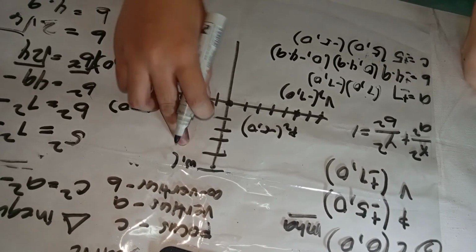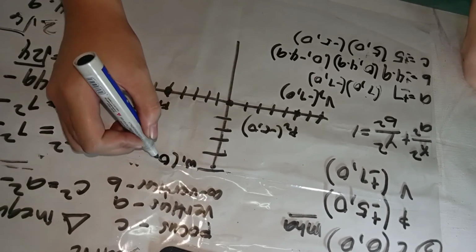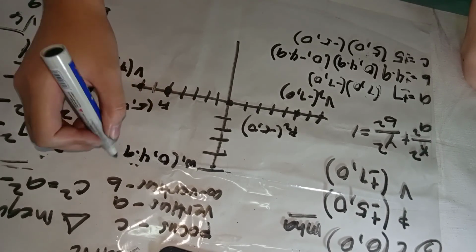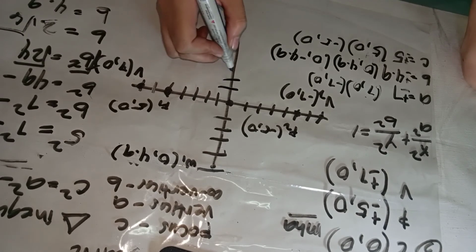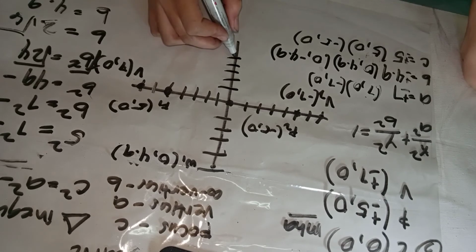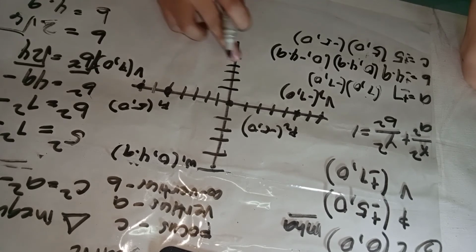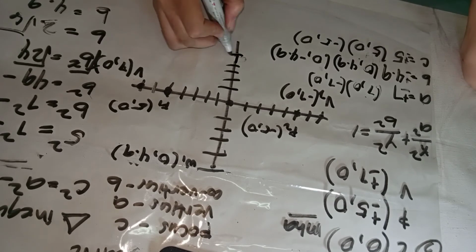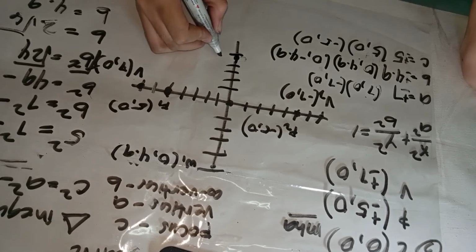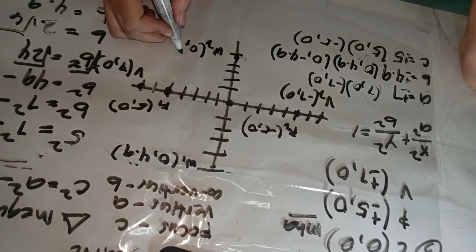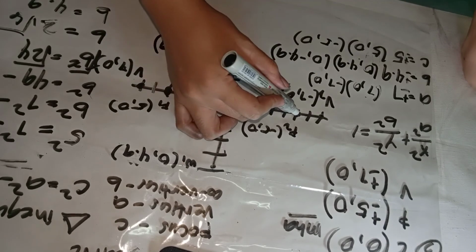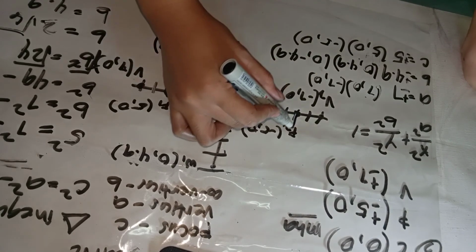Okay, so your W1 is 0, 4.9. And then let's go to the other side, so negative sign. So 1, 2, 3, 4, 5. So here is 4.9 pala. So dito malapit siya sa 5. So magiging negative 4.9.